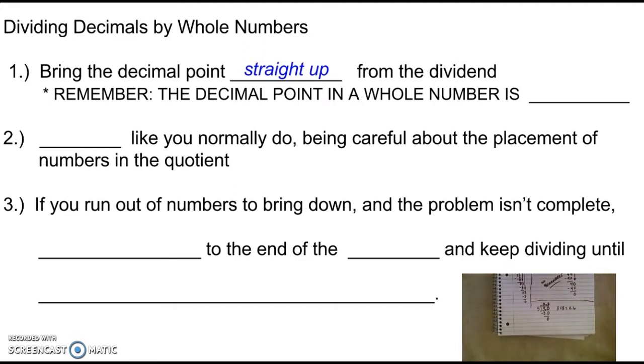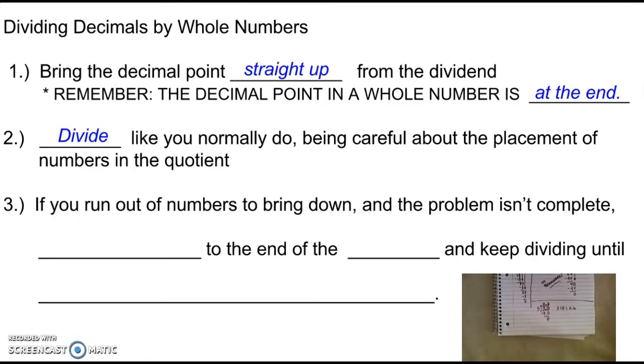Okay? And remember always that the decimal point in a whole number is always at the end. Then, number 2, we're going to divide like we normally do, just like it was regular old whole number long division. But we have to be very careful about the placement of the numbers in the quotient.